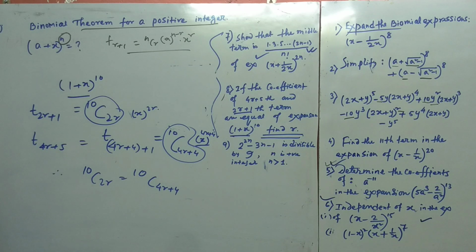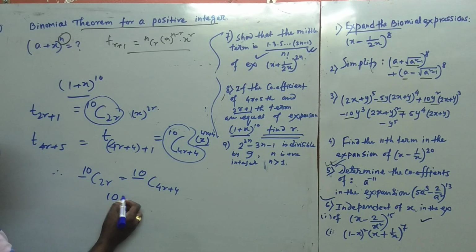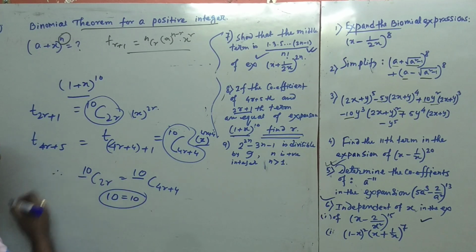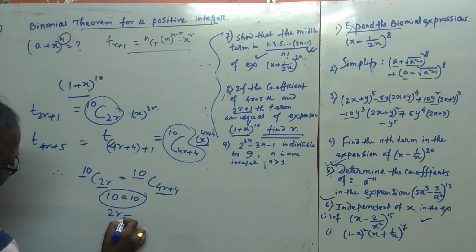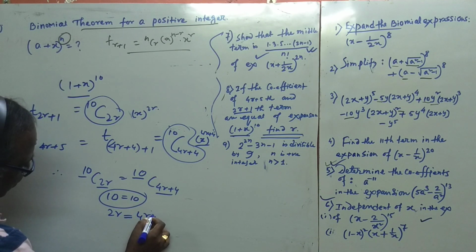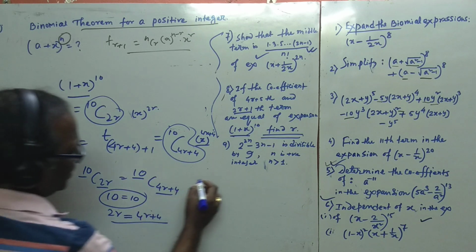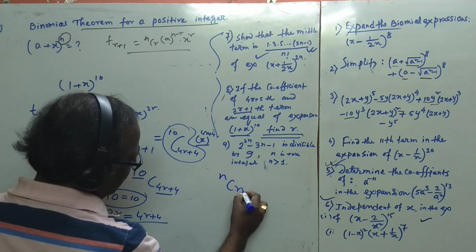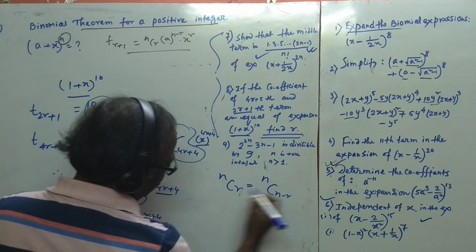So see here, if we get this relation, number 1, write 10 equal to 10, and number 2, 2r equal to 4r plus 4. From this relation, this is meaningless. And again see that nCr is equal to nC n minus r.